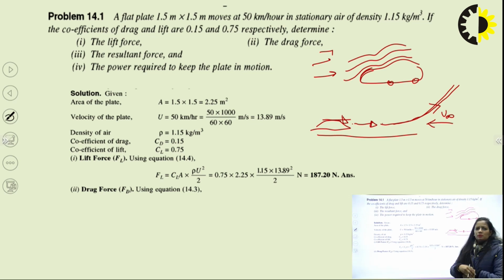So you have seen the sports car also. The production units of sports cars try to reduce and minimize this particular area more and more, so that the exerted drag force on that particular vehicle will be small.